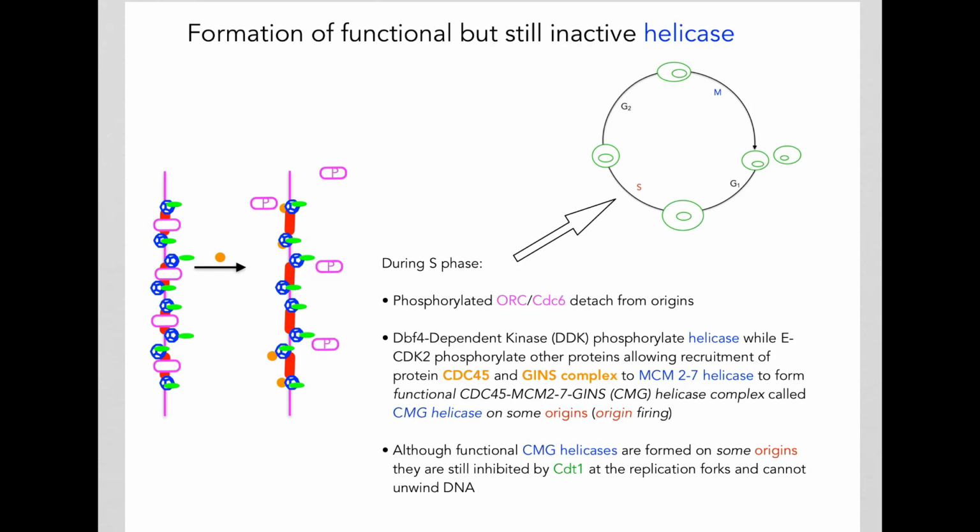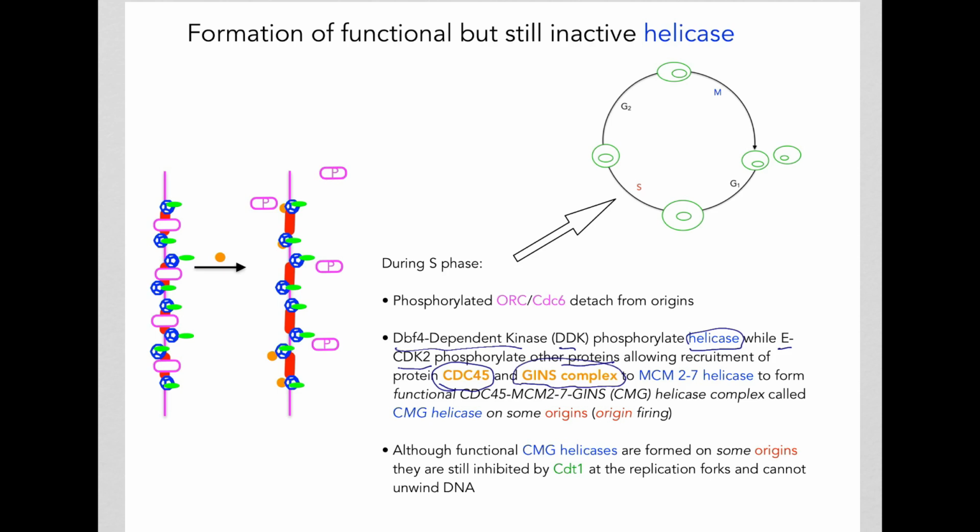During this time, during the S phase, there are kinases such as the DBF4 dependent kinase or DDK. This kinase will phosphorylate helicase, while other kinases such as CDK2 will phosphorylate other proteins, and this allows recruitment of these two proteins here, CDC45 as well as the GINS complex.